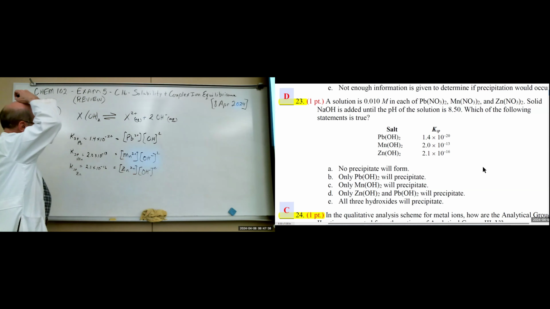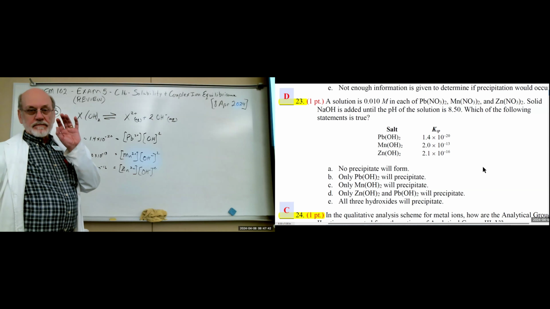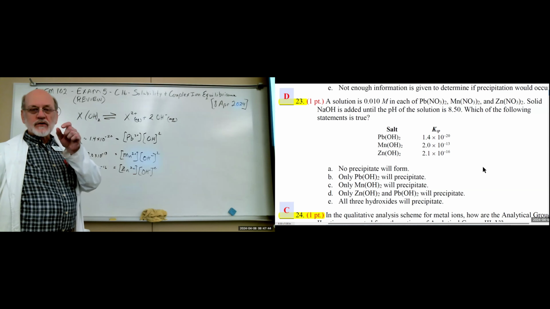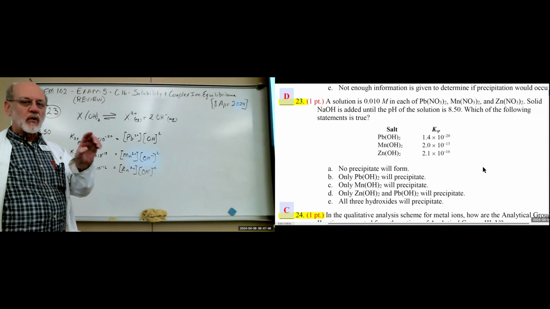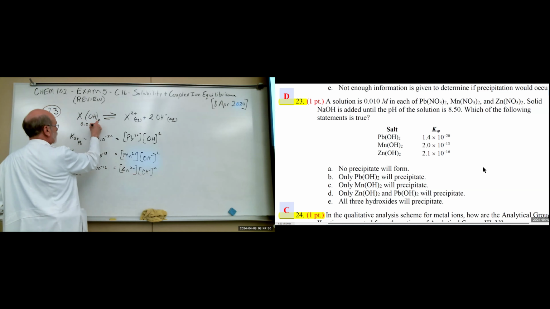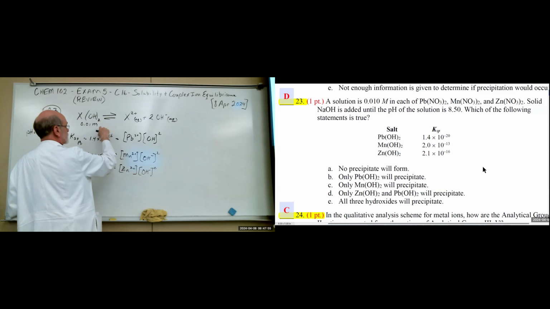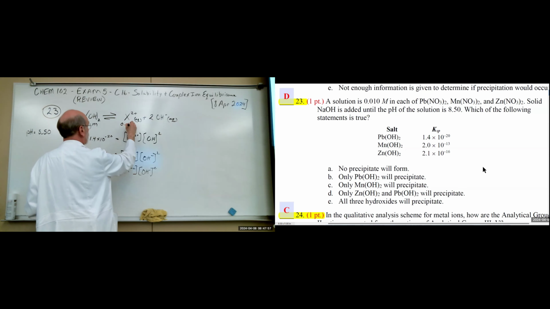All right. So, a solution of 0.01 molar of each one of these. 0.01 molar means what? It means this is 1 and that's 1, so this is also 0.01 molar.